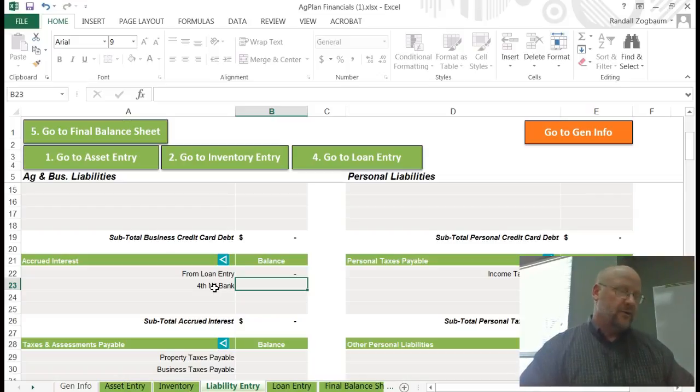Accrued interest is what we're looking at, right? So the accrued interest for this one is 5,800.